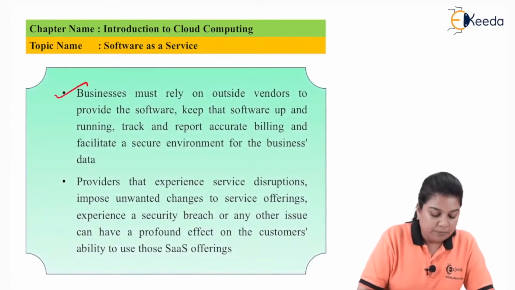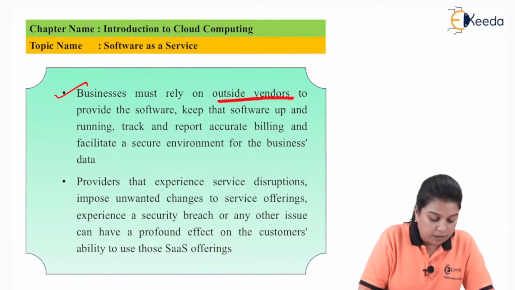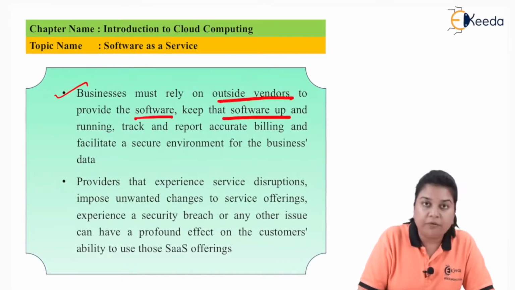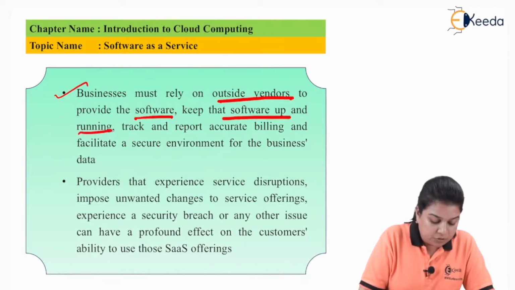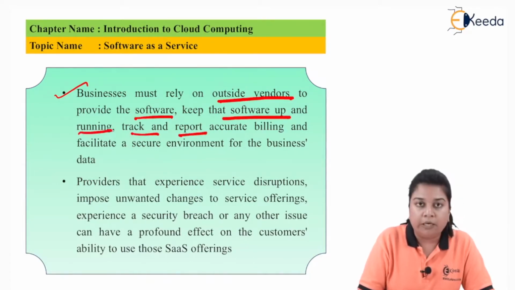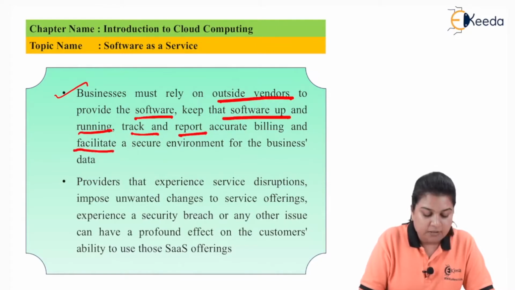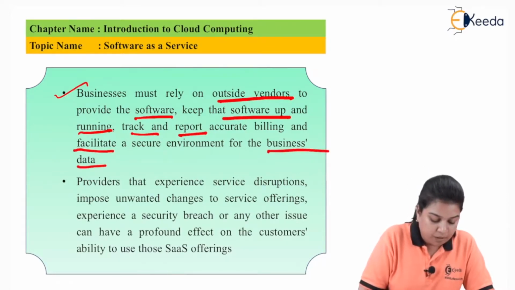Next point is businesses must rely on outside vendors to provide the software, keep that software up and running, track and report accurate billing, and facilitate a secure environment for the business data.